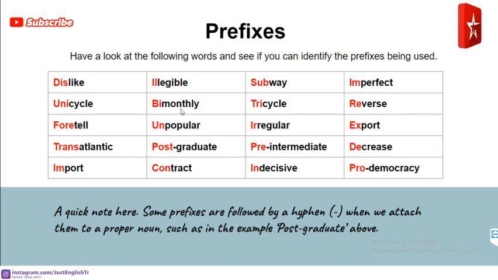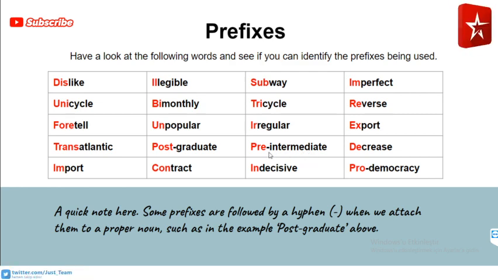If we look at bi-monthly, again, monthly, ly, it's an adverbial form. So we don't need to use that hyphen there either. Then we've got illegible, ible is something that we use to create adjectives. It's a suffix that we use to create adjectives. And again, we don't have that hyphen there. But if we look at intermediate, for example, as many of you already know, intermediate is a noun form.